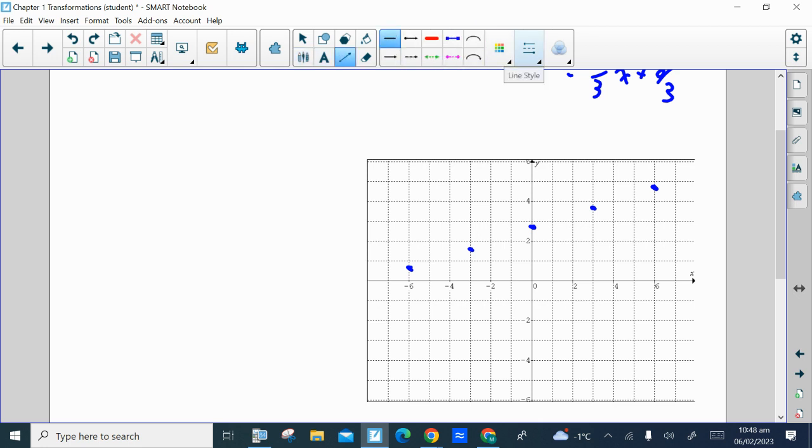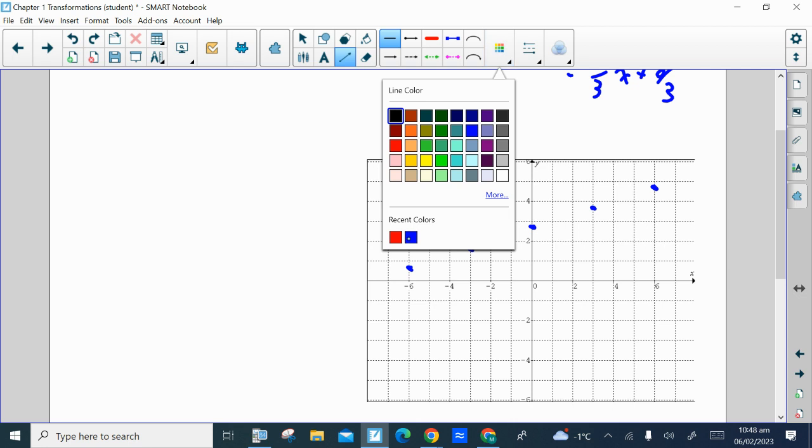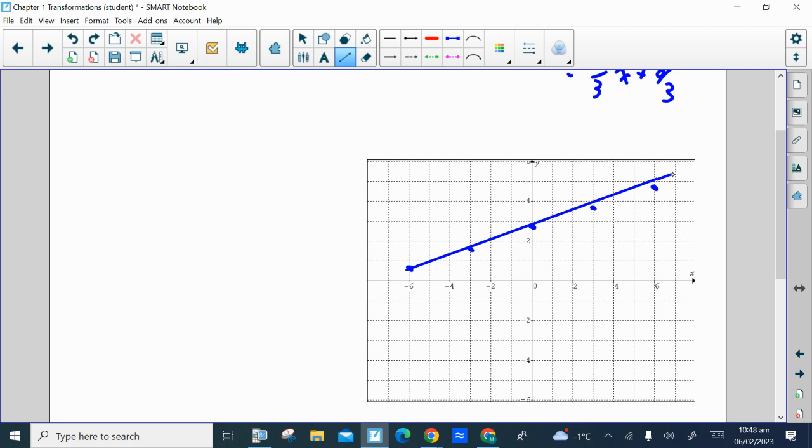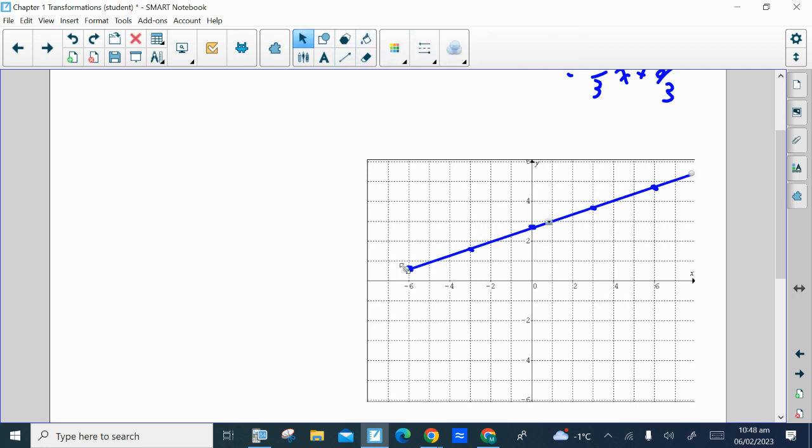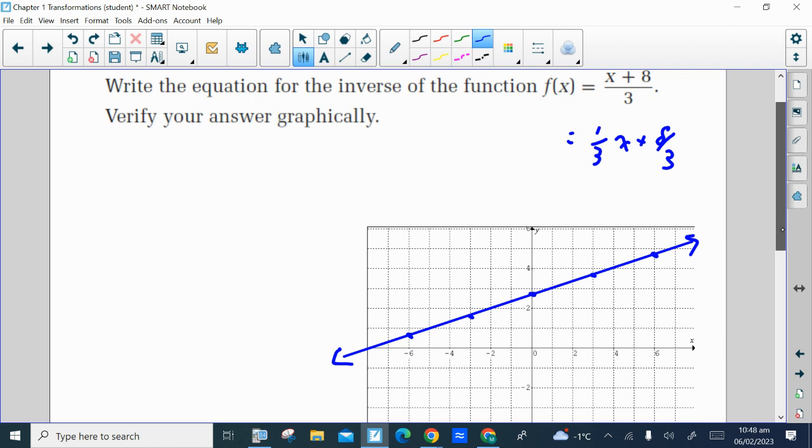Again, we have to estimate where that y-intercept is, and that's fine. So there's the original graph.